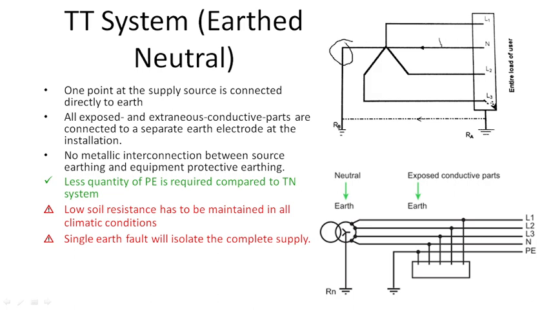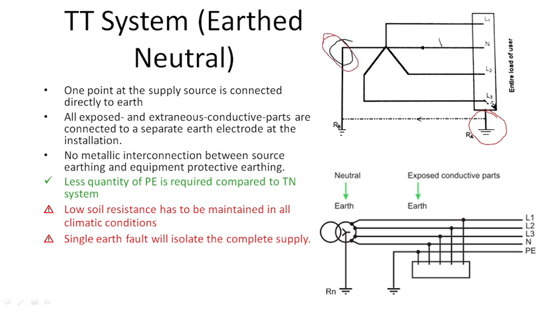So here the neutral point is actually grounded, and the extraneous metallic portions are also grounded.